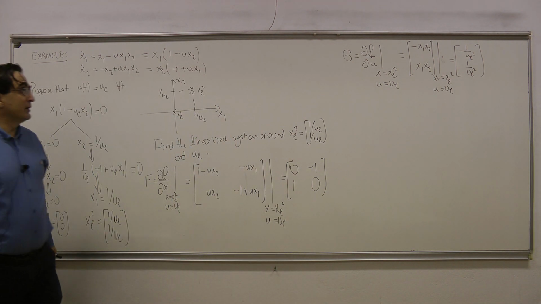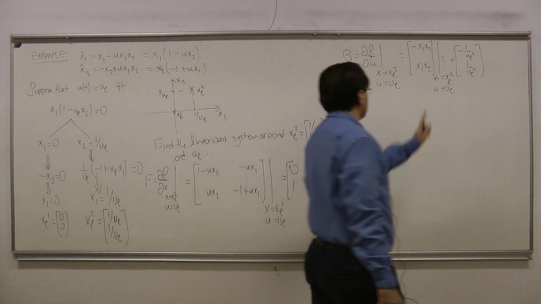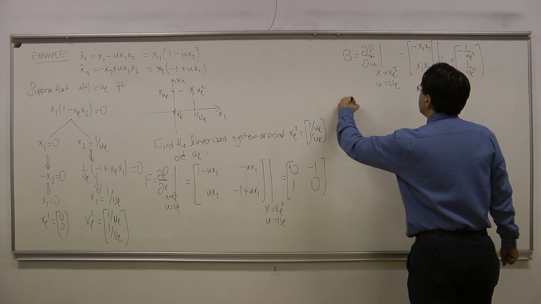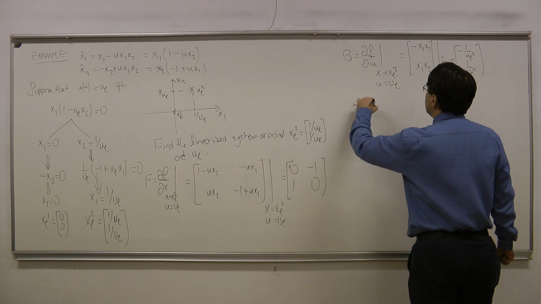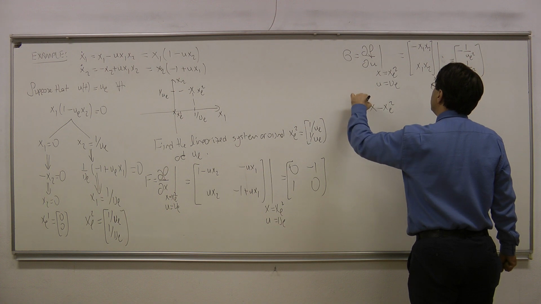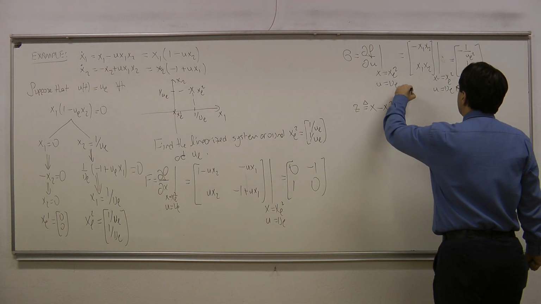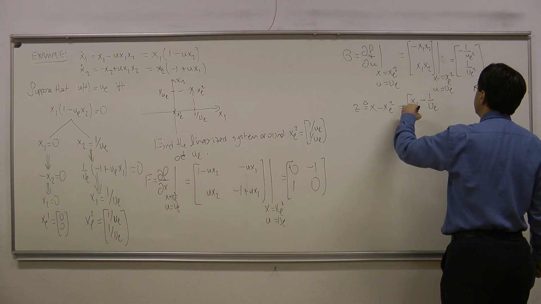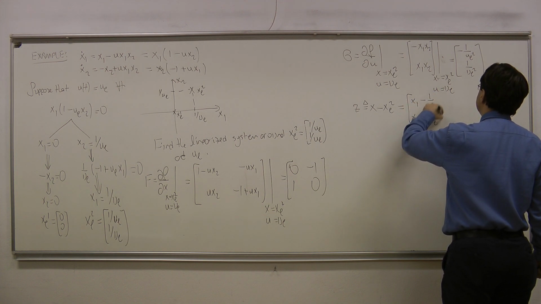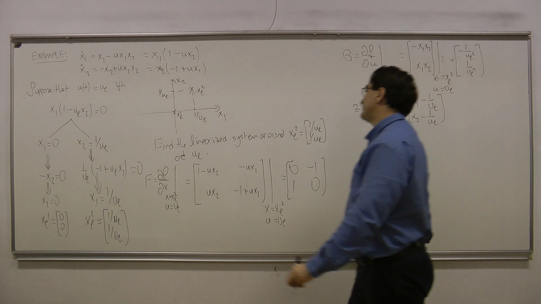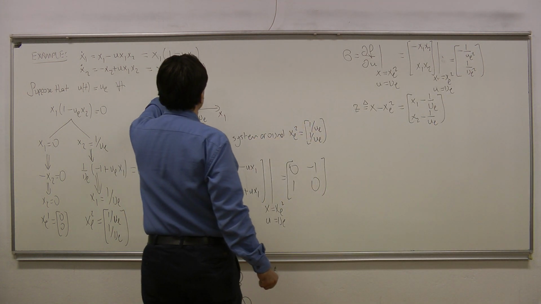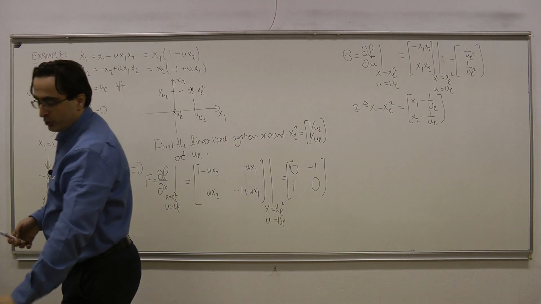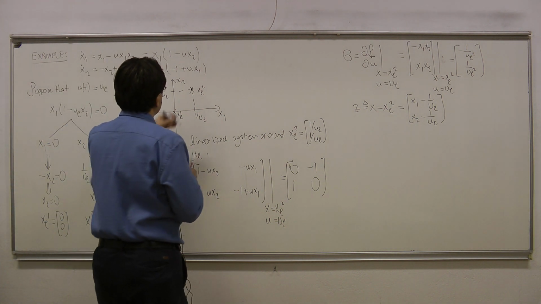So that is my other Jacobian, and I define my new state vector z as x minus xe2, and that is going to be x1 minus 1 over UE, x2 minus 1 over UE. Okay? So we see that we put the origin of the Z space here, and we make no other change.